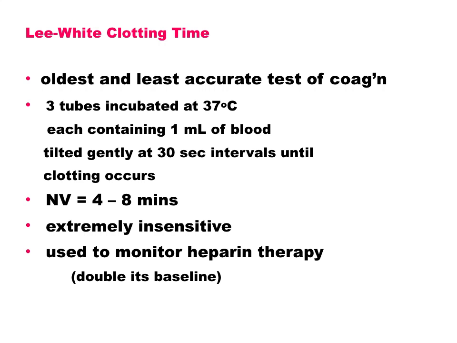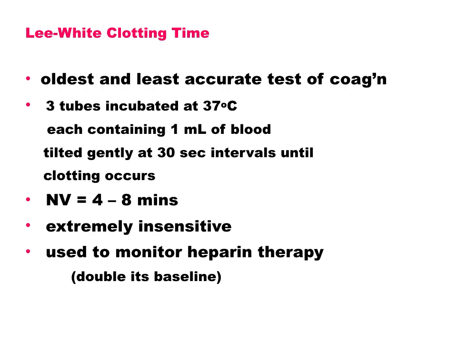A little bit of discussion on the Lee-White clotting time. This is said to be the oldest and the least accurate test of coagulation. They make use of three test tubes incubated at 37 degrees centigrade. Each tube contains 1 ml of blood, and these are tilted gently at 30-second intervals until clotting is observed.